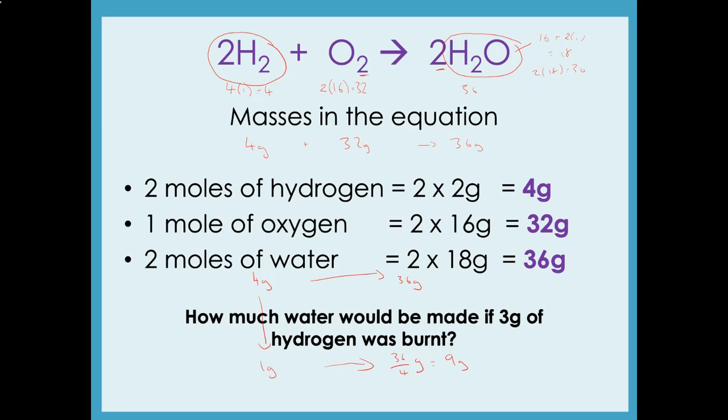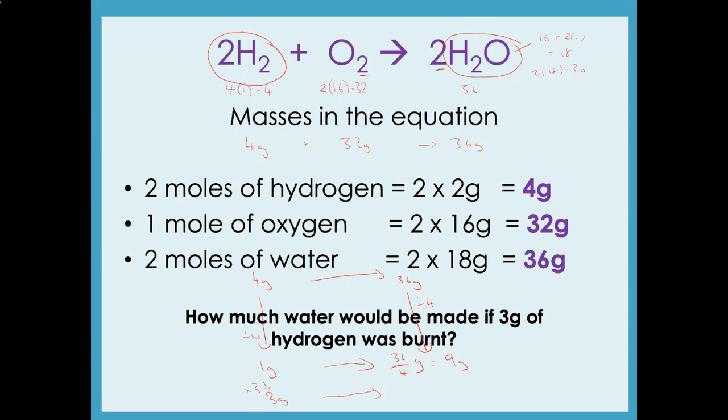Because to get from 4 to 1, I've divided by 4, so I also need to divide this mass by 4. And 36 divided by 4 is 9. So 1 gram of hydrogen is going to give me 9 grams of water. So 3 grams, to get from 1 to 3, times that by 3.